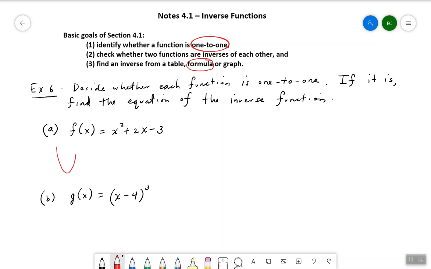That graph is a parabola. We know that it opens up. Doesn't matter. If it's a parabola, then it will fail the horizontal line test. Horizontal line hits twice, and so we can say no, f of x is not one-to-one.